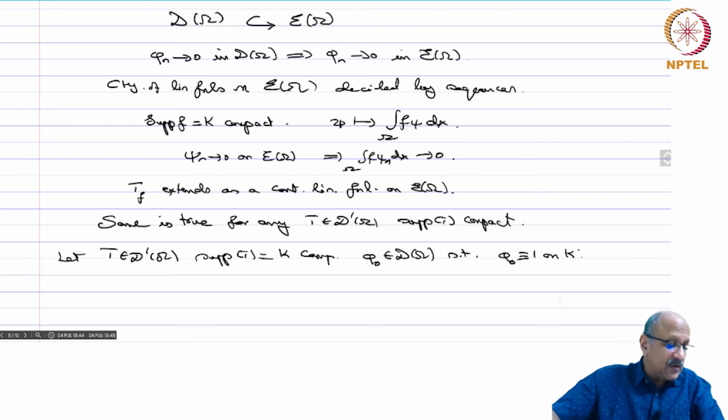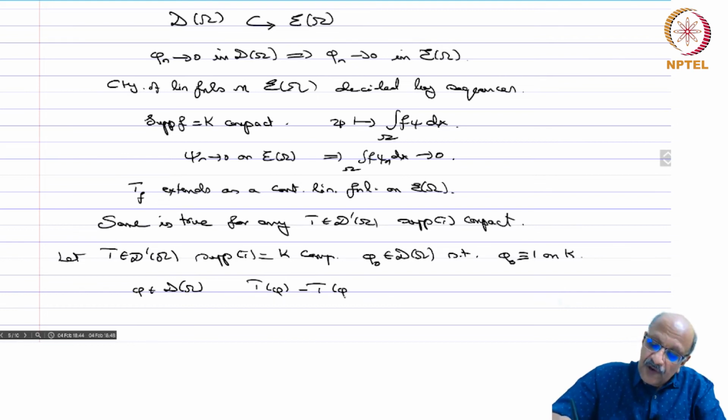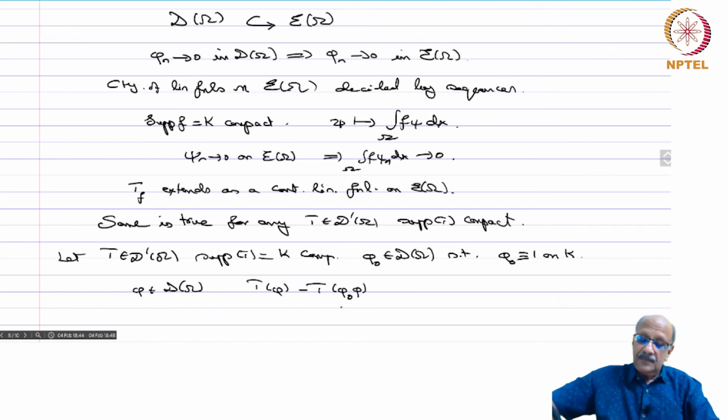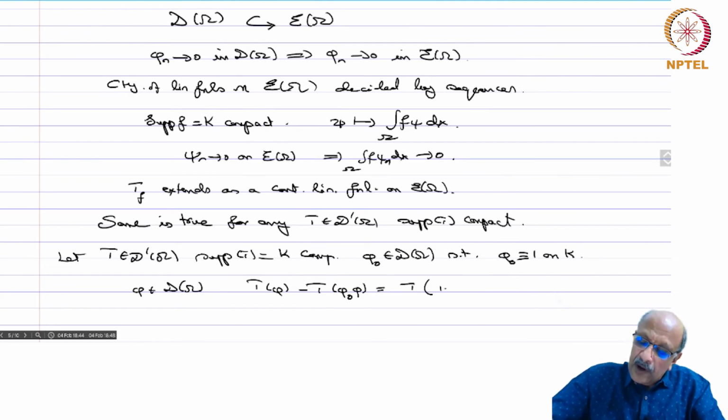Now if you take any phi in D of omega, look at T of phi minus T of phi 0 phi. By linearity, this is T of (1 minus phi 0) times phi.